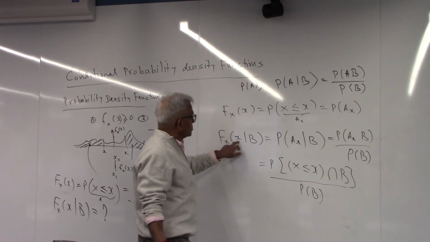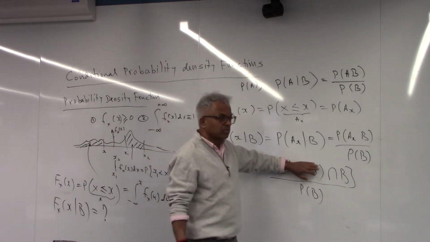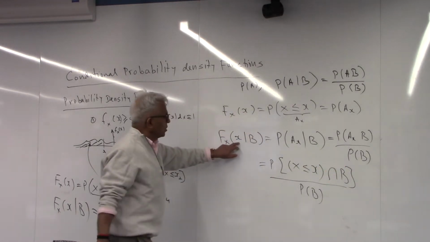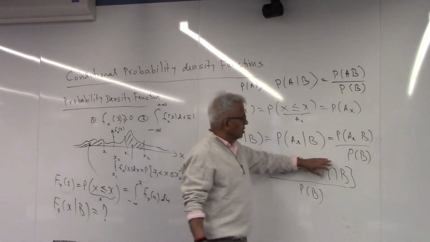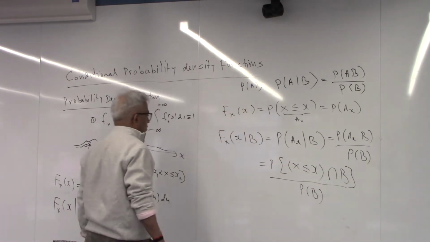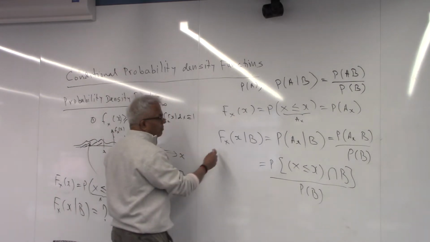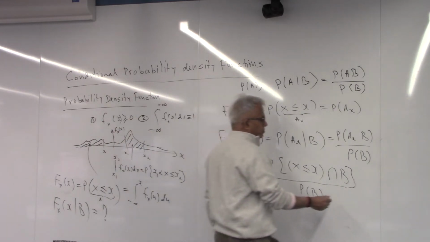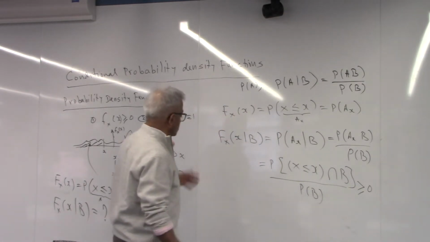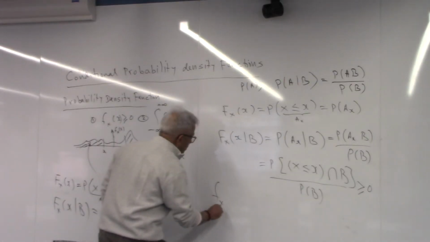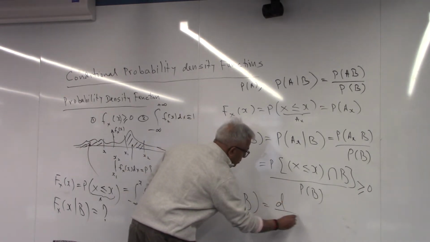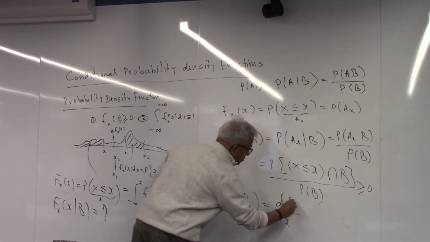For example, when x is minus infinity, this is the null set, so the whole probability is 0. When x is plus infinity, this is the whole set, so this is P(B) over P(B), that's 1, etc. And non-negative, all the properties. And the derivative of this should give us the conditional density function. The derivative is of course with respect to the running variable.